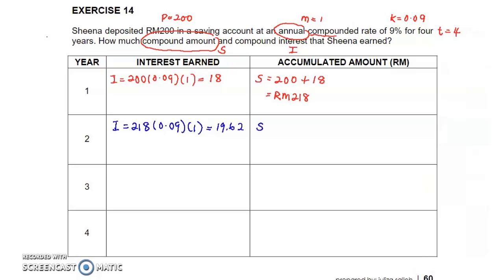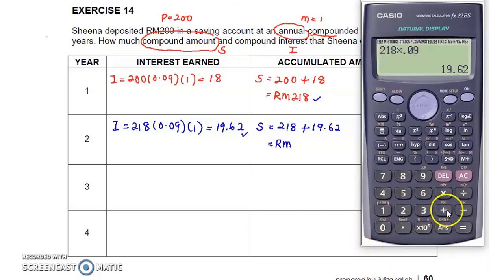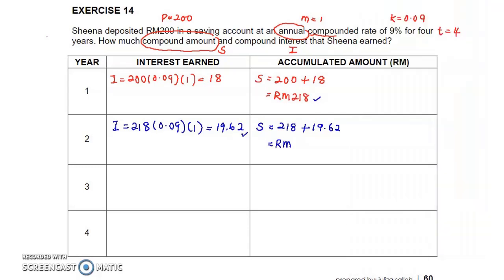So for year 2, previously you had 218, plus the second year interest of 19 ringgit 62 cents, so the accumulated amount is 237.62.